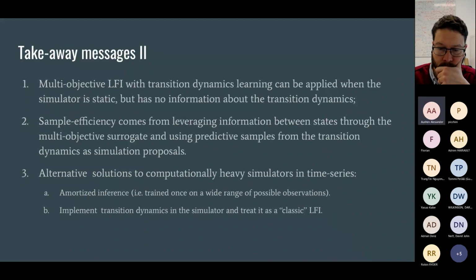And if we know that we're going to have a lot of time series, it is quite often very beneficial to spend this time learning an amortized inference model.